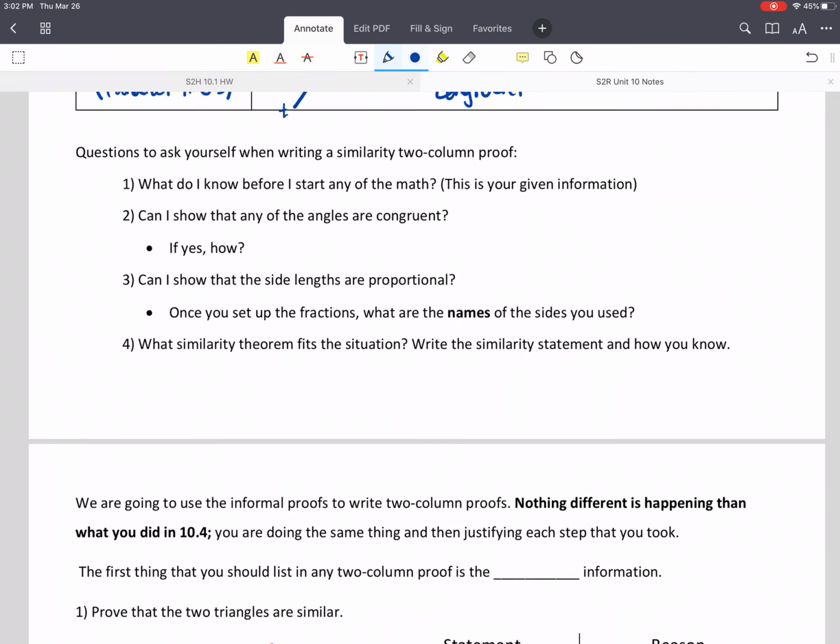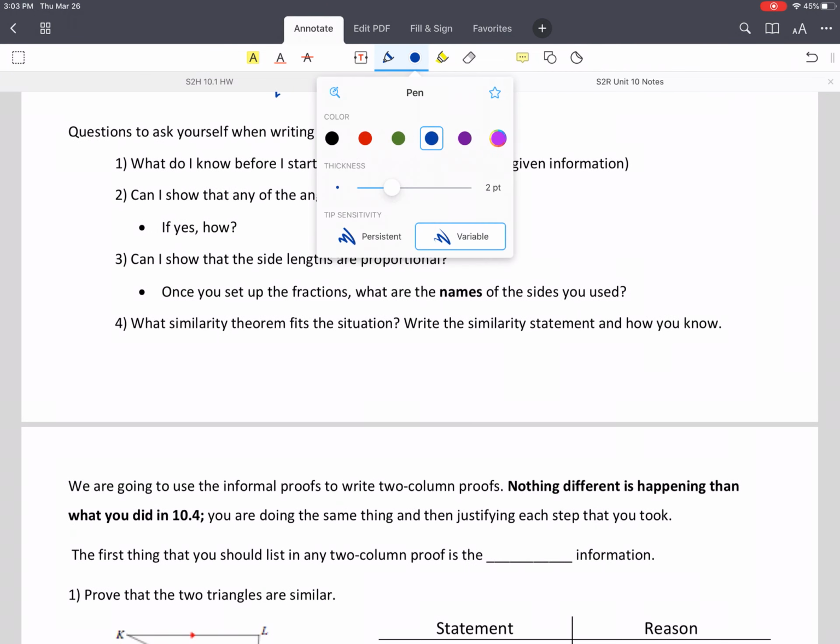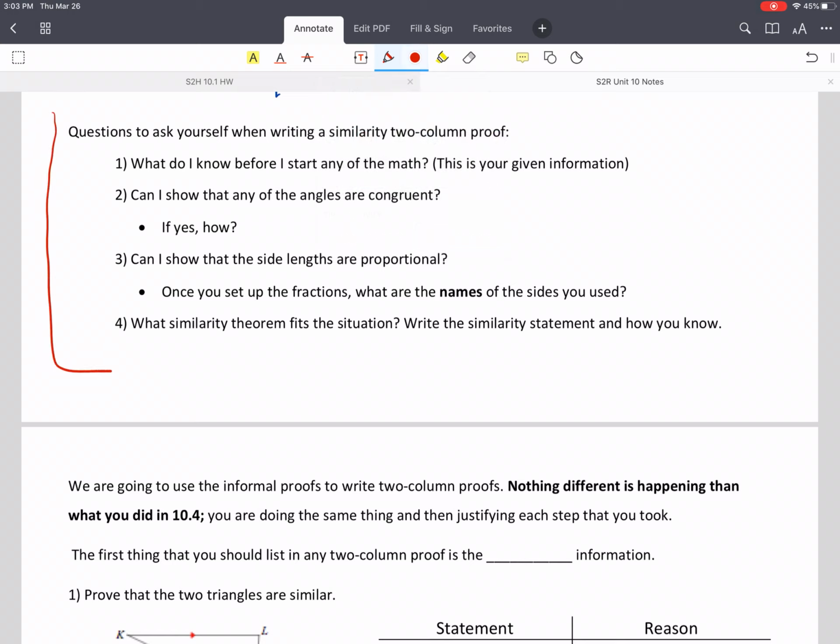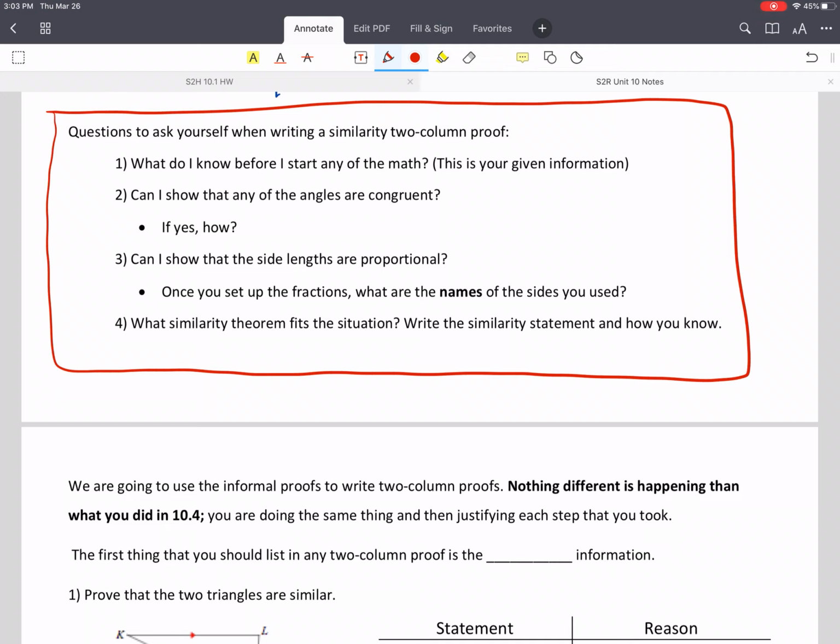that triangles are similar. So here's the big thing with two column proofs. Kind of wrote it all out for you here. The first thing is, what do you know before you start any of the math? That is what we call the given information. So it's like, okay, before I even start the problem, what do I already know?